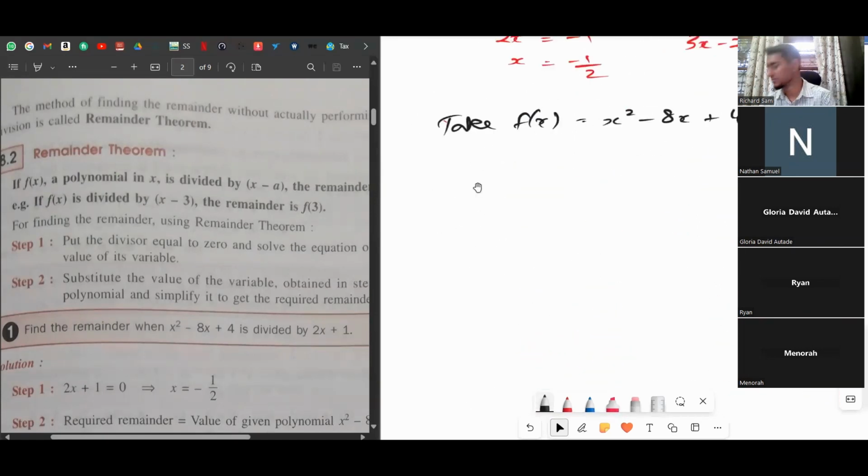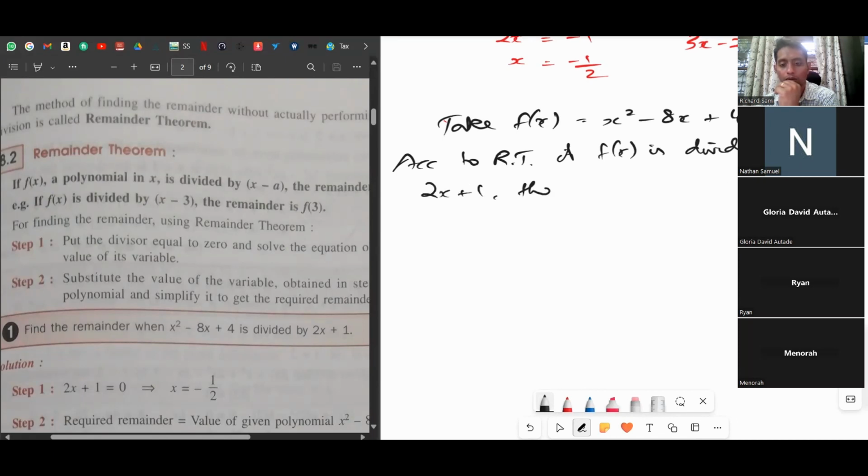Then what will you write next? According to remainder theorem. You have to start like that. According to remainder theorem, if f of x is divided by 2x plus 1, the remainder is f of minus 1 upon 2.